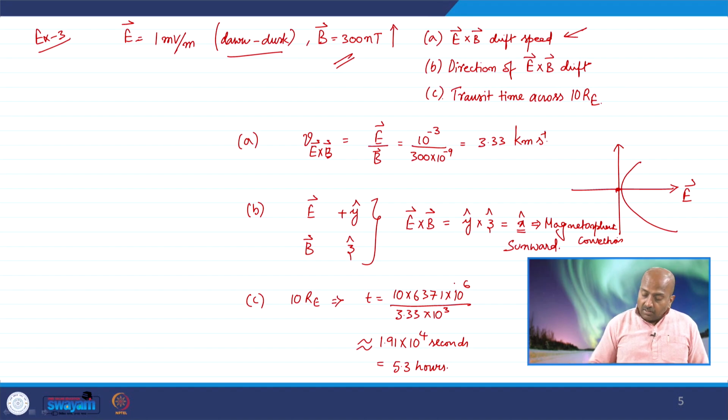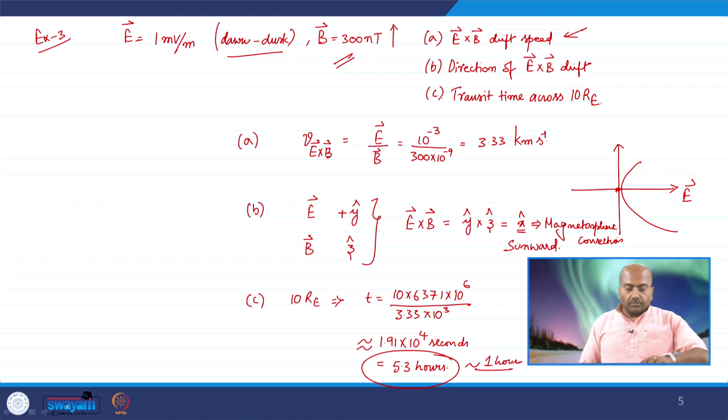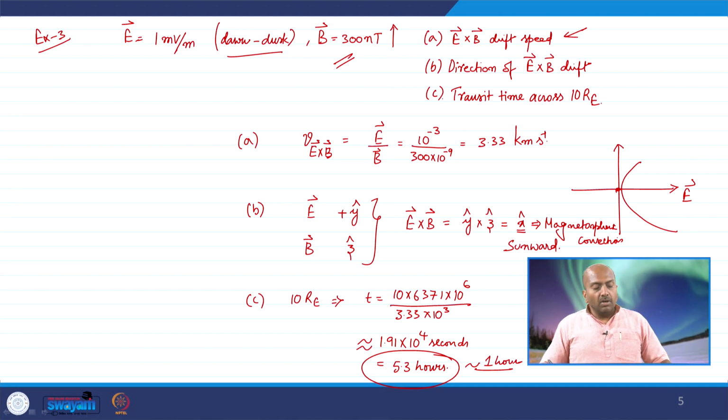Now, what happens is during the storm time, this duration drastically reduces to, let's say, 1 hour. Okay, fine. Now, this was an example based on the calculation of E cross B drift, which is a concept that we have learned in plasma physics, which is now being extended into the magnetosphere.